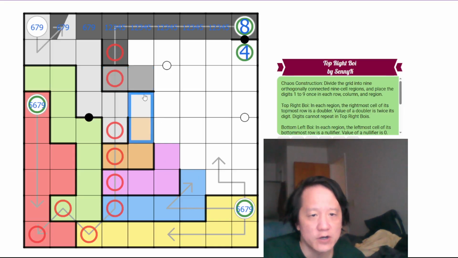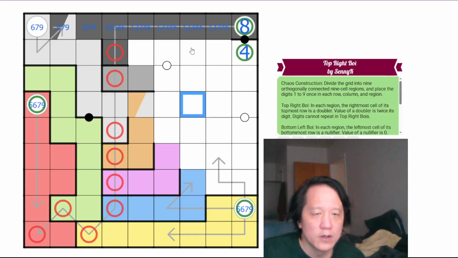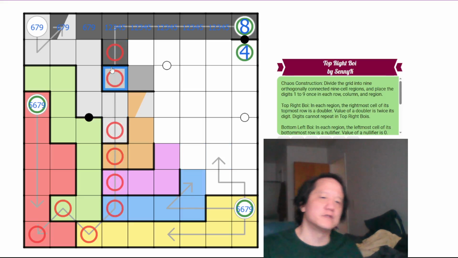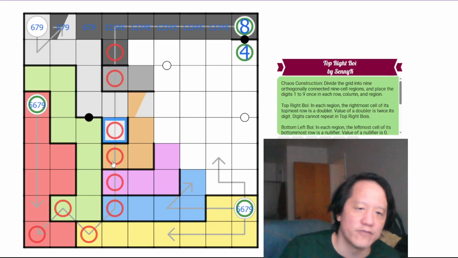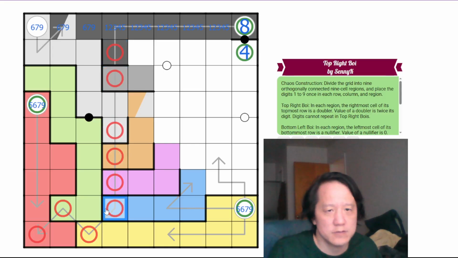Same with dark, but this could be orange, cannot be pink. We could have 2 digits. Okay. So these are the bottom left boys.